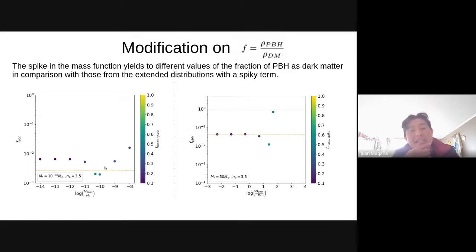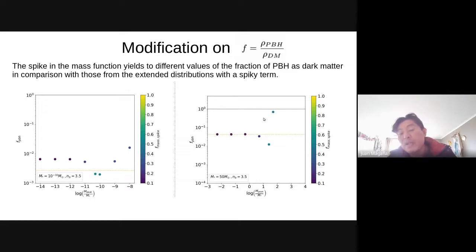But it is interesting for this case here, when the characteristic mass is equal to 50 solar masses and the blue index is equal to 3.5, because if we put the peak mass far away from the characteristic mass, we obtain that this quantity, F PBH, is similar to that obtained without a spike in the mass distribution.